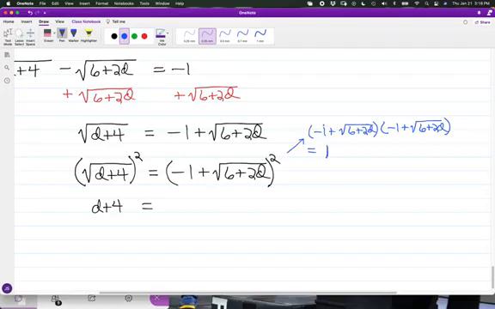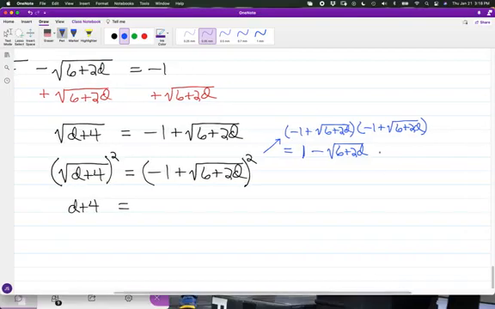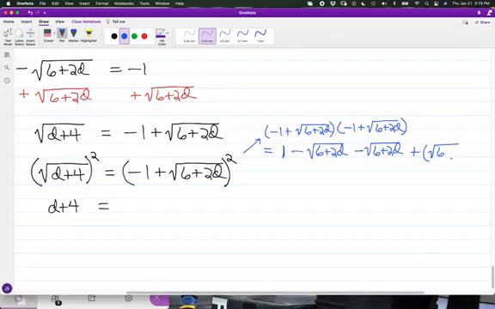Outside product, we have negative 1 times the square root of 6 plus 2d, so you have a minus square root of 6 plus 2d. Guess what? The inside product had the square root of 6 plus 2d times negative 1, so we have another subtraction of the square root of 6 plus 2d. Now for the last, you're looking at the square root of 6 plus 2d times itself, or in this case, the square root of 6 plus 2d squared.